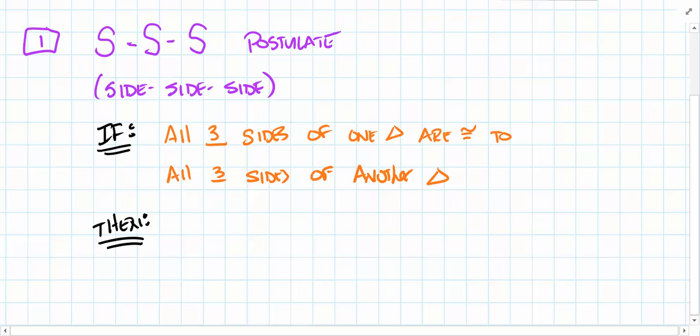If all 3 sides of one triangle are congruent to all 3 sides of a different triangle, what can you conclude? Then the 2 triangles are congruent. This is the very first way to show that 2 triangles are congruent. It's called the SSS, or side postulate.